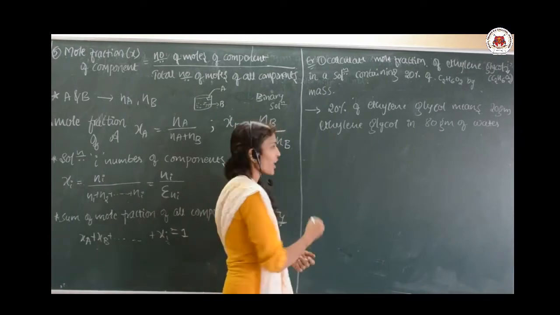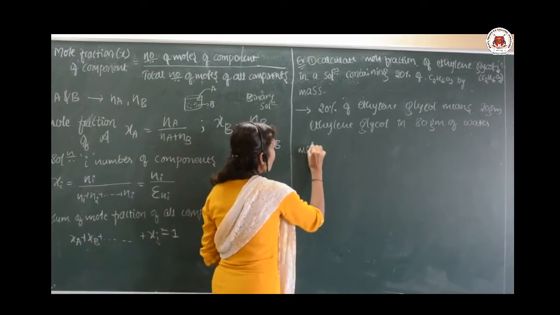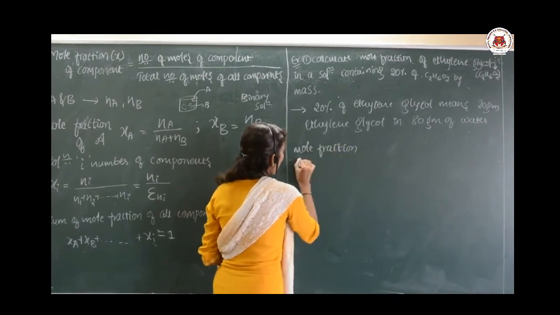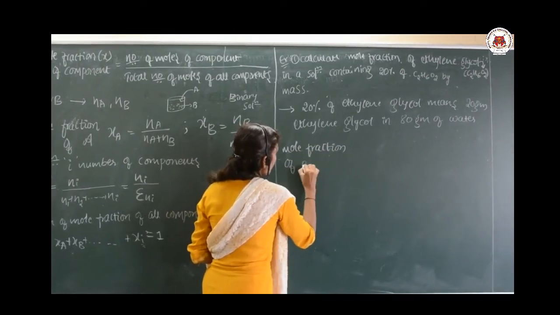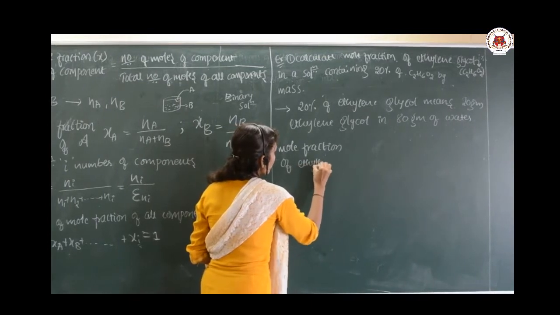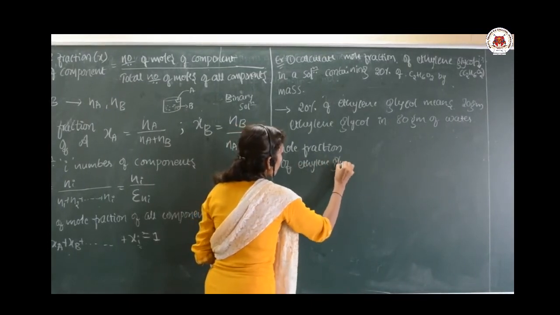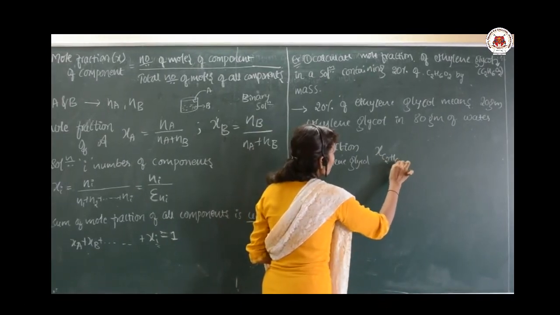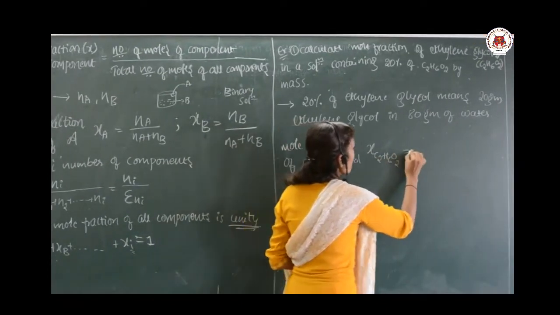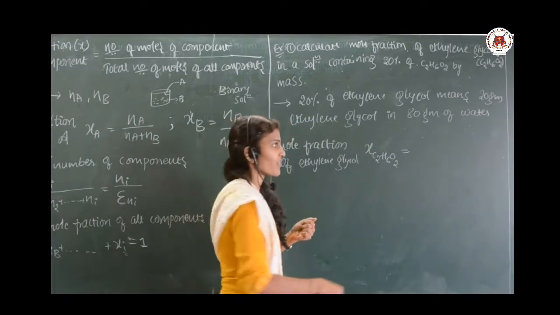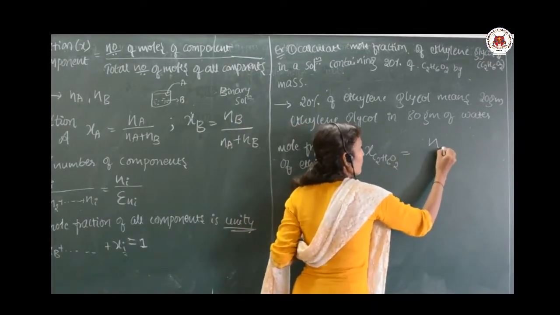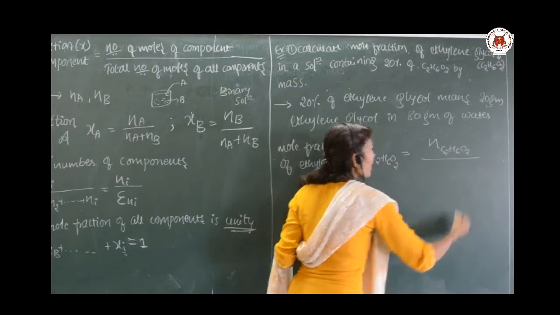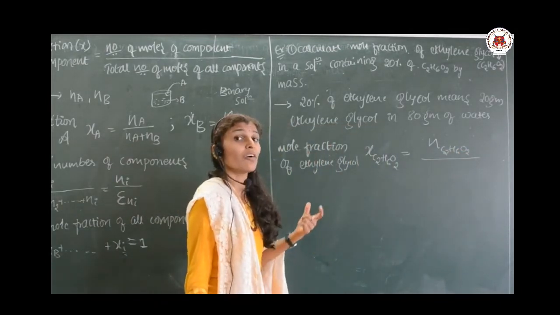Mole fraction of ethylene glycol, that is X of C2H6O2, is equal to the number of moles of ethylene glycol, N of C2H6O2, divided by the total number of all the components.